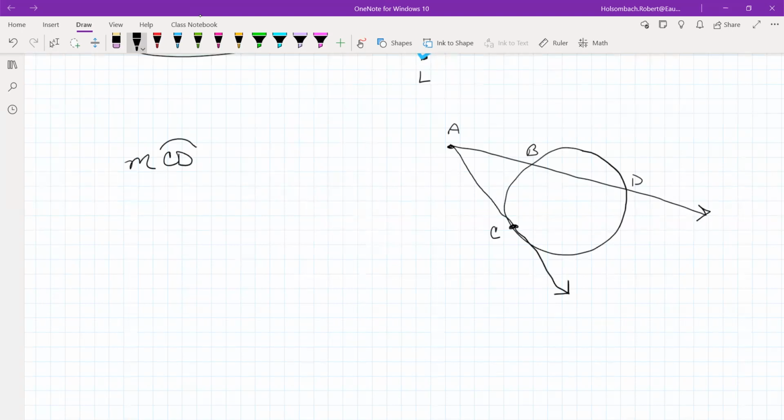Now look, this time we're given the angle measure in here, 56 degrees. We're given the small arc, which is 95 degrees. And we need to find the big arc. All right, so we're going to say that the angle formed, 56, is equal to 1/2 of the big arc. That's what we're trying to find, isn't it? The big arc is CD. Minus the little arc, which is this 95-degree arc right here.